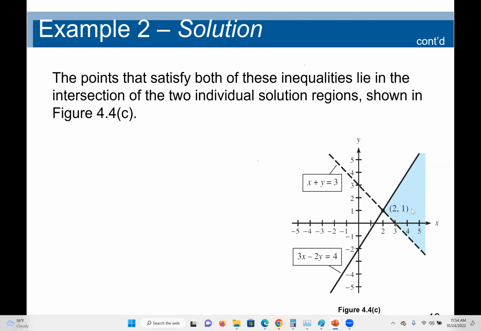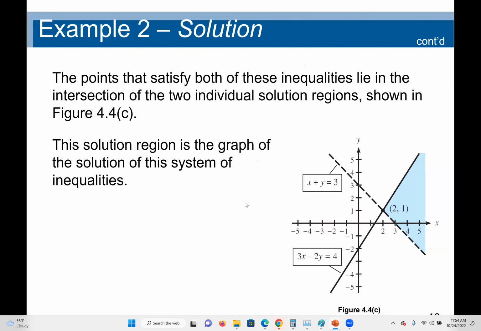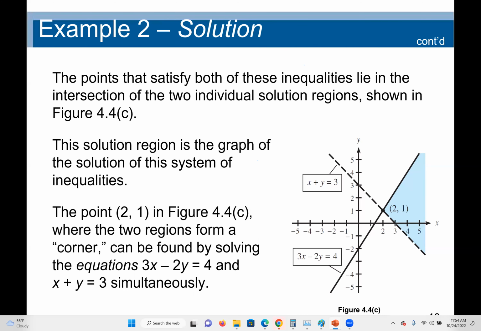It should be around here. So 2 and 1 should work. Or we may take any point here, let's say 3 and whatever value intersects here, like 2.5. But again, 2, 1 should work. Let's see why I'm not getting it.